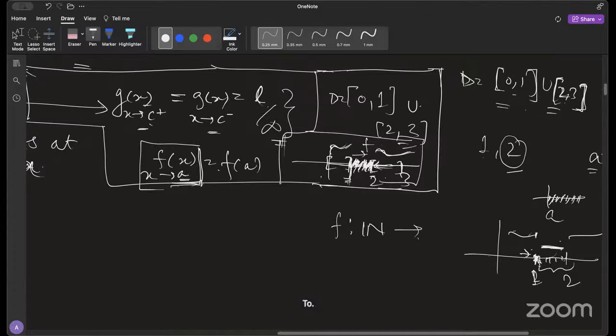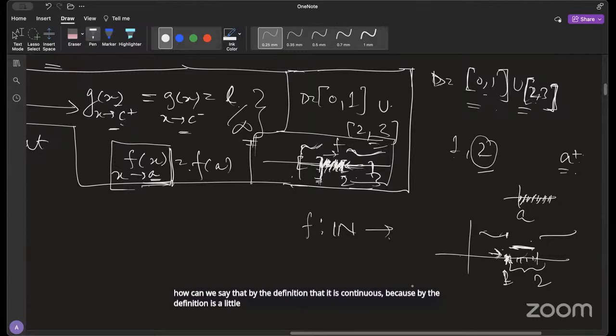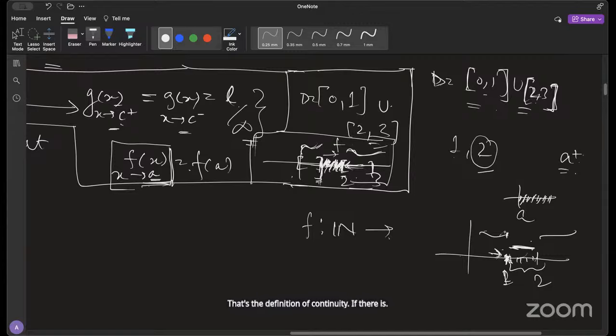Continuity is only to be checked at the points in the domain. Ma'am, at 1 you are saying that for the right-hand limit we cannot comment, but the left-hand limit at 1 we can comment on, that it is equal to the function at 1. But if we can't comment on the RHL value, how can we say by the definition that it is continuous? If there is only one limit, it doesn't mean that the limit does not exist there.